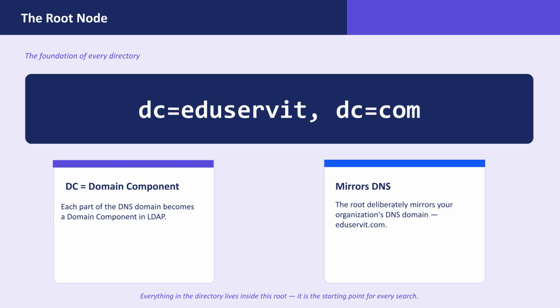So because EduServe IT's domain is eduserveit.com, the root of the directory is DC equals EduServe IT, DC equals com. This is by design, defined in RFC 2247. And you will see this pattern in every real-world LDAP deployment. Everything in the entire directory, every student, every staff member, every group lives inside this root. It is the starting point for every single search the LDAP server performs.